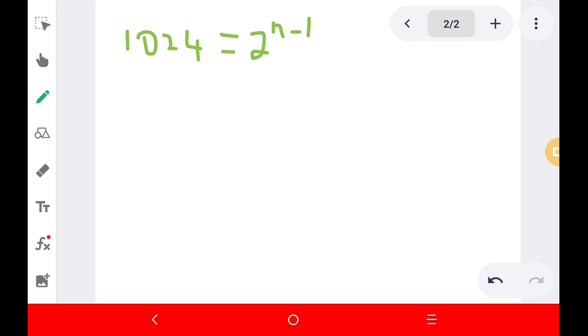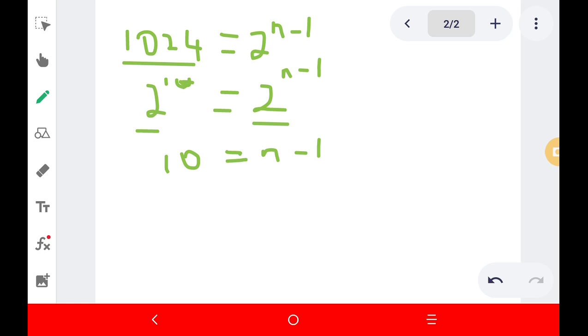If we have something like this and we're dealing with exponents, we change it into a prime product. So 1024 is 2 to the power of 10, which equals 2 to the power of n minus 1. Since our bases are equal, our exponents are also equal. So we drop the bases, and we have 10 equals n minus 1. Take the 1 to the other side, and our n equals 11.